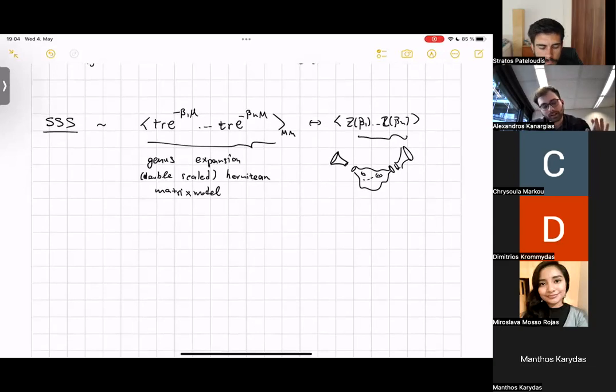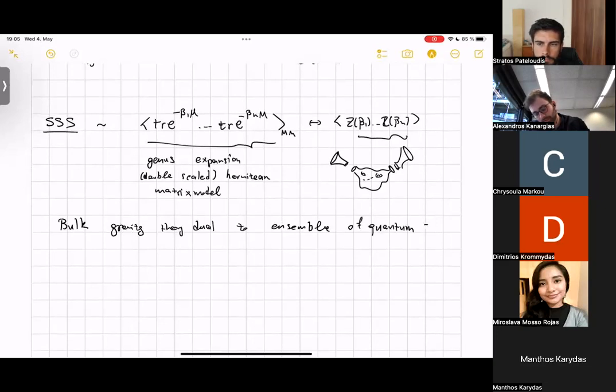And another interesting observation is that you have a bulk gravity theory dual to an ensemble of quantum systems. So I should explain this.